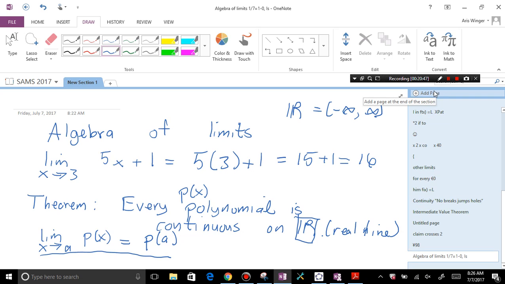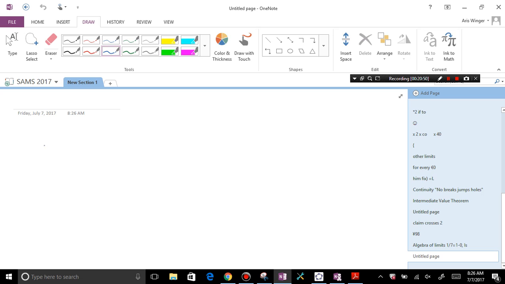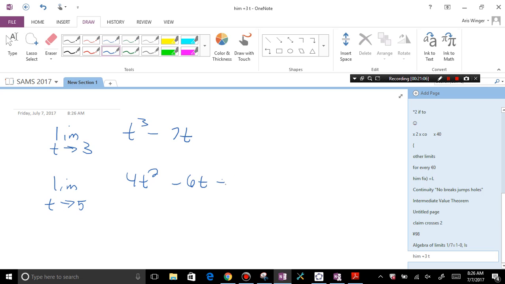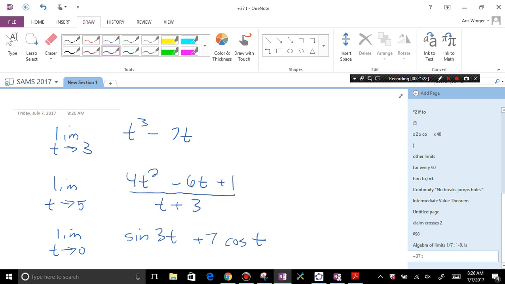I would imagine it would be just a few parts, and the first few, this is true of the homework as well, you are just plugging in the number: t to the third minus 7t; the limit as t tends to 5 of 4t squared minus 6t plus 1 all over t plus 3; the limit as t tends to 0 of the sine of 3t plus 7 the cosine of t. Do those super quick.